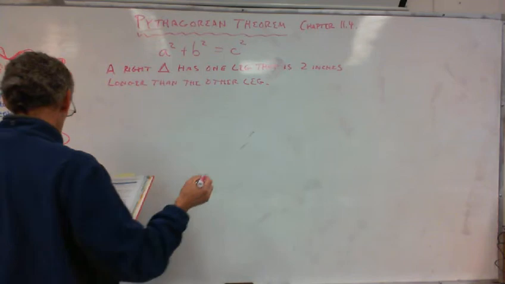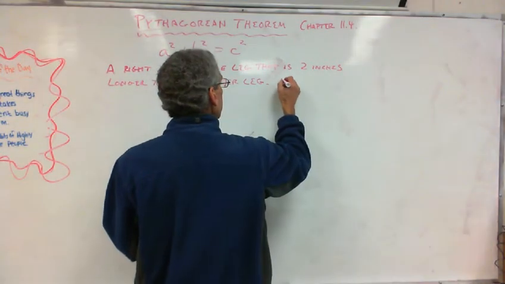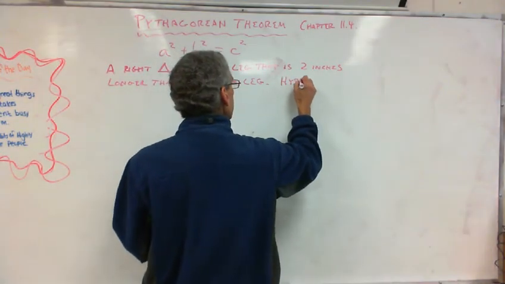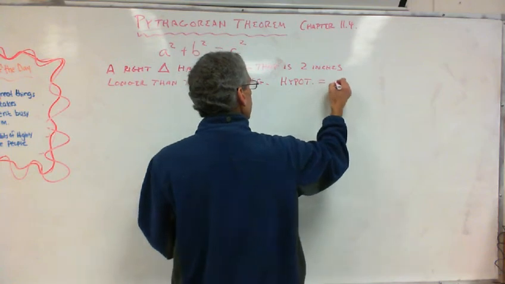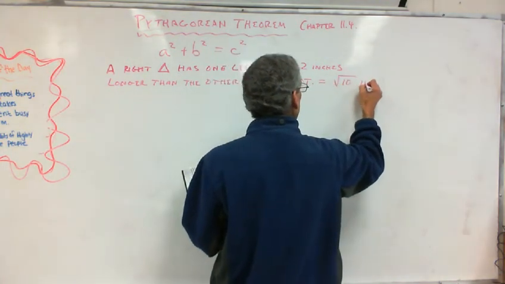The length of the hypotenuse is the square root of 10 inches.